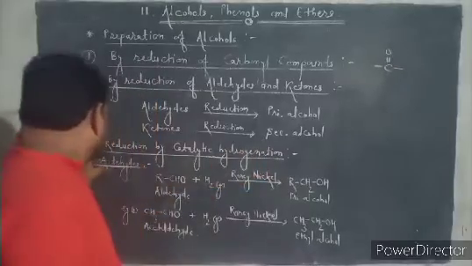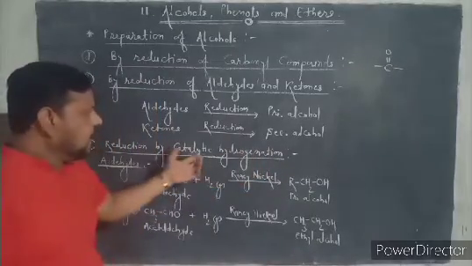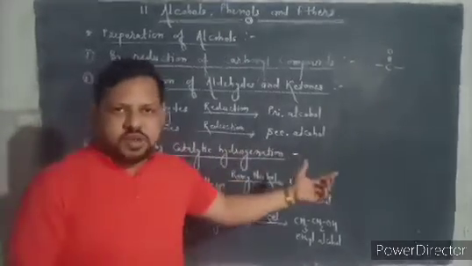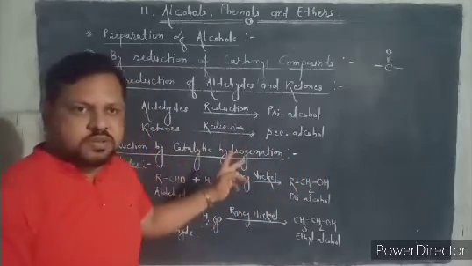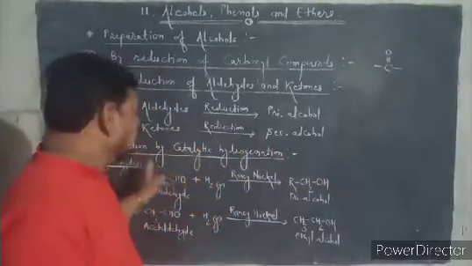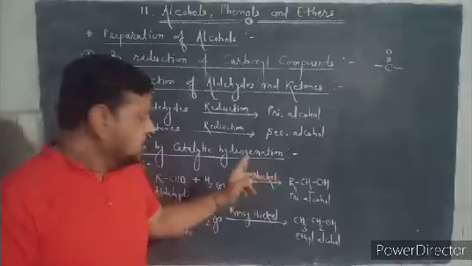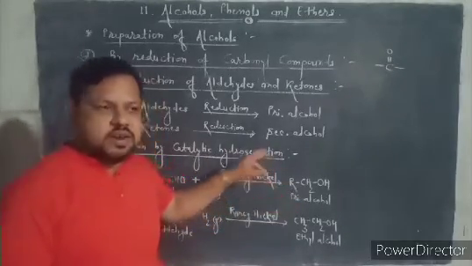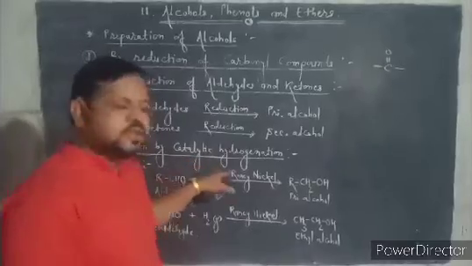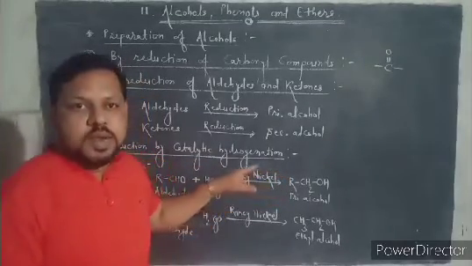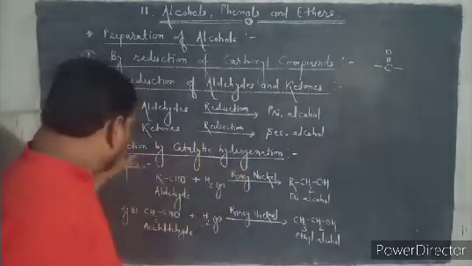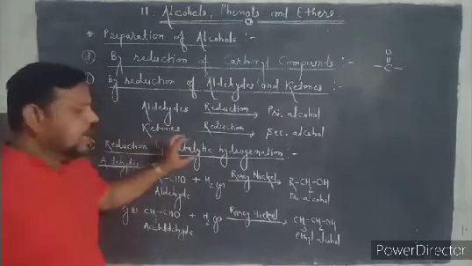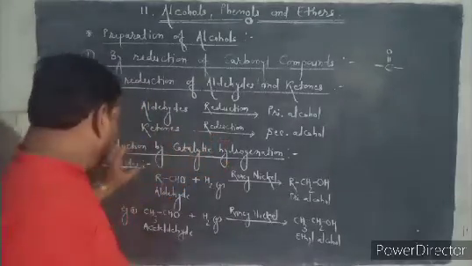There are two methods for the reduction of aldehydes and ketones. One is catalytic hydrogenation, and another method included in your syllabus is lithium aluminium hydride. First of all, we discuss reduction by catalytic hydrogenation.